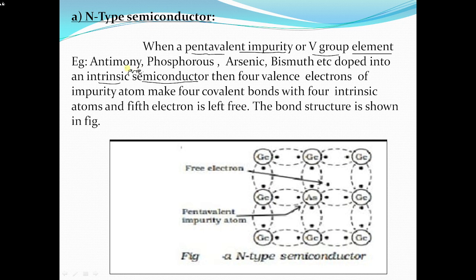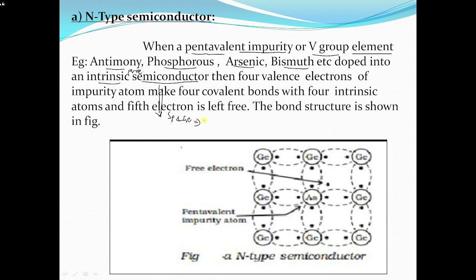What are the examples of fifth group elements? Antimony, phosphorus, arsenic, bismuth. We dope this fifth group element into the intrinsic semiconductor. What are the examples of intrinsic semiconductors? Silicon and germanium.